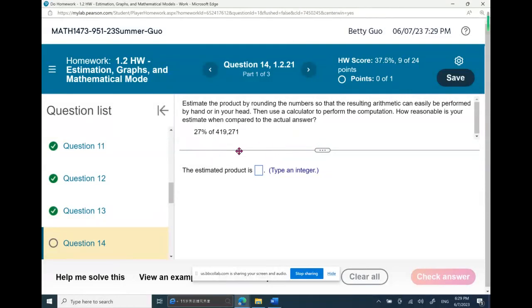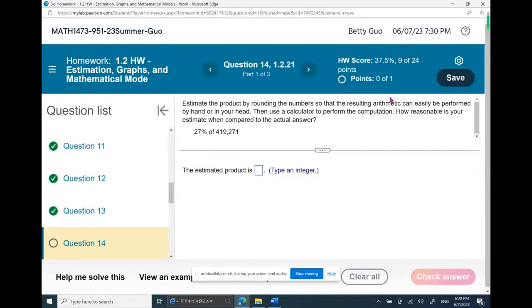So if you have a notebook, write that OF here should be translated as multiply. Okay? How do we process this? This is given in a sentence, right? How do we translate that to algebra? Translate OF as multiply. So here we are multiplying 27% with 419,271. Of course, if you have a calculator, some calculators have a percent sign.